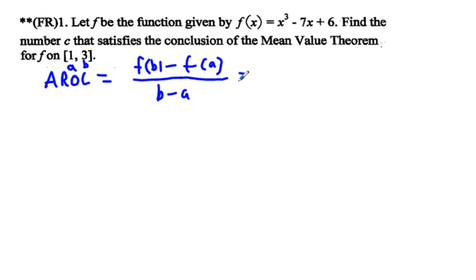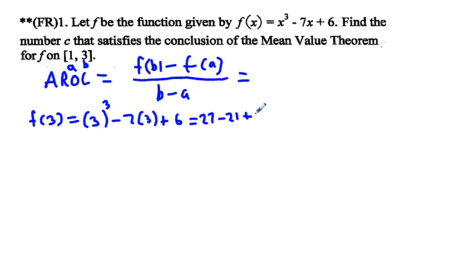And so that is going to equal, okay, we're going to plug in 3. f of b is going to be f of 3, which equals 3 cubed minus 7 times 3 plus 6. 3 cubed is 27, minus 7 times 3 is 21, plus 6.